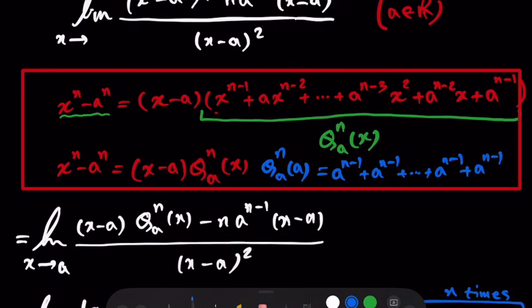How many times? If you just check, it is n times, so it's going to be equal to n a to the power of n minus 1. So q n a, its value at a, is going to be n a to the power of n minus 1.